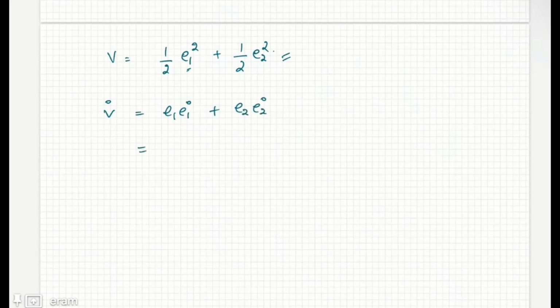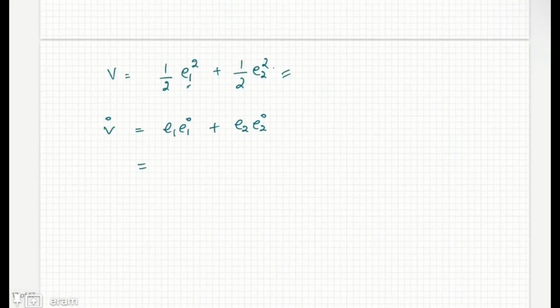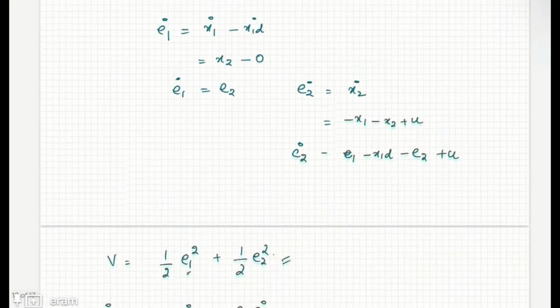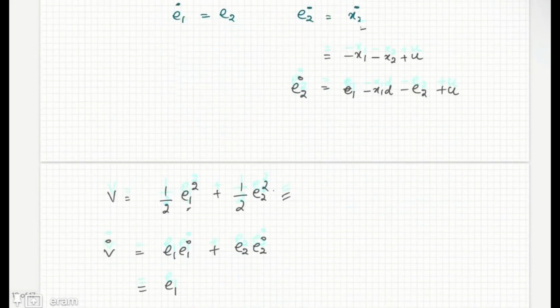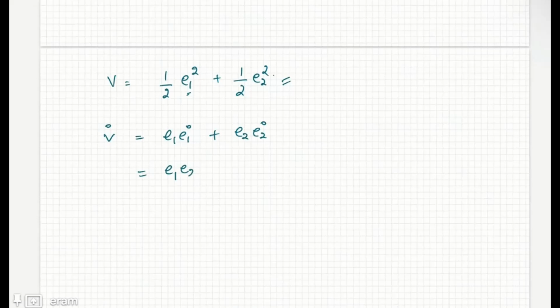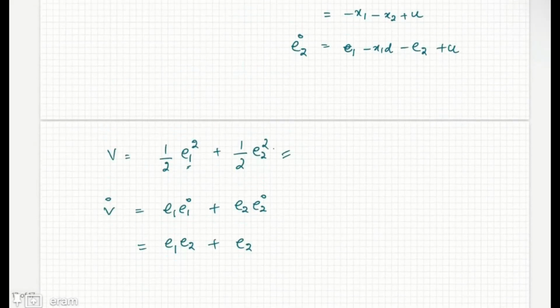Now let's put in the dynamics equations: for e1 dot we have e2, and for e2 dot we have minus e1 minus x1 desired minus e2 plus u.